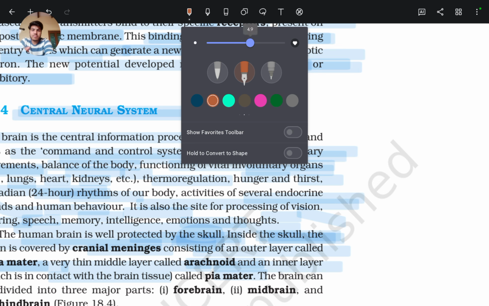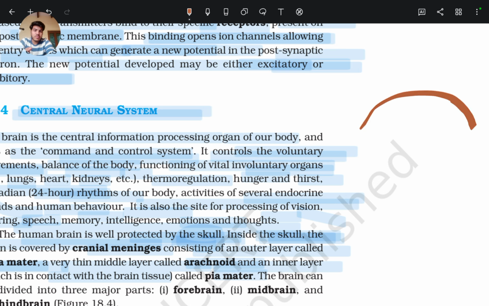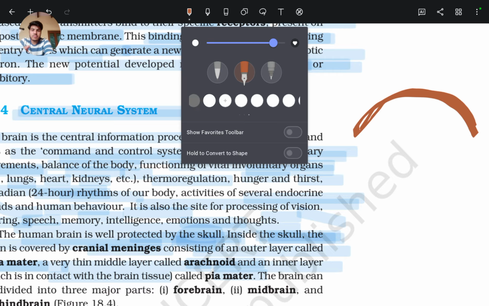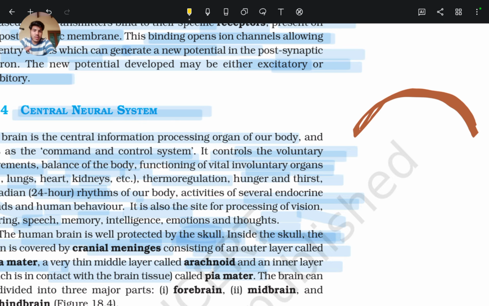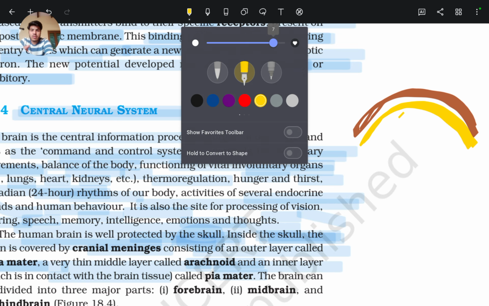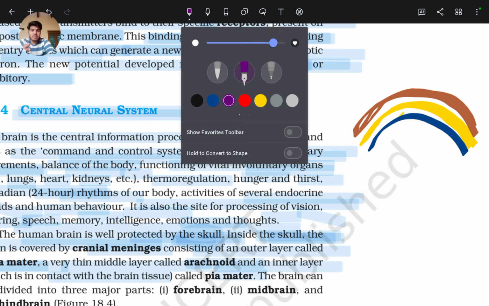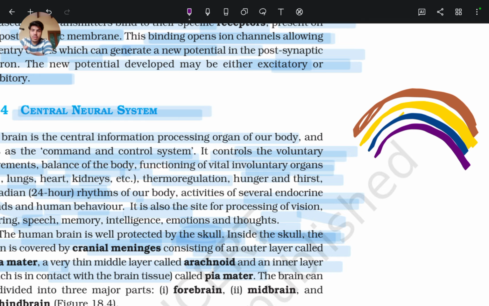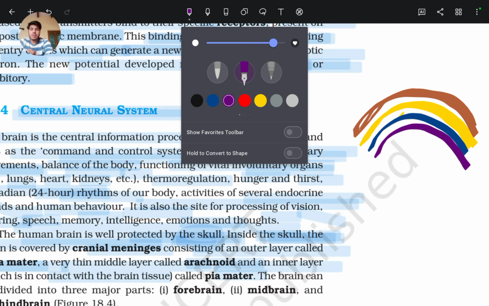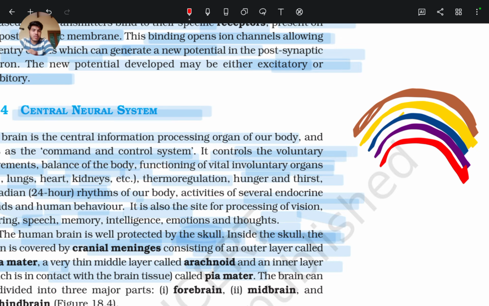So this is a layer of skin, after which a layer of cranium, after which another layer is the dura mater, and after it the arachnoid, and the next layer is the pia mater, which is in close association with the brain tissue.